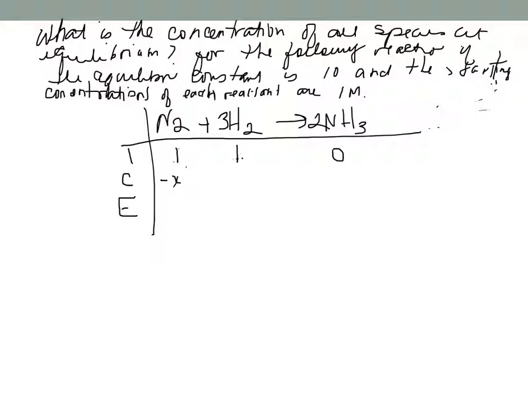So we say this one decreases by negative X, and this one decreases by negative X as well. And this one is going to increase by X. If the N2 increased by X, then our H2 has to decrease by 3X, which is looking at the relationship of the stoichiometry to X.